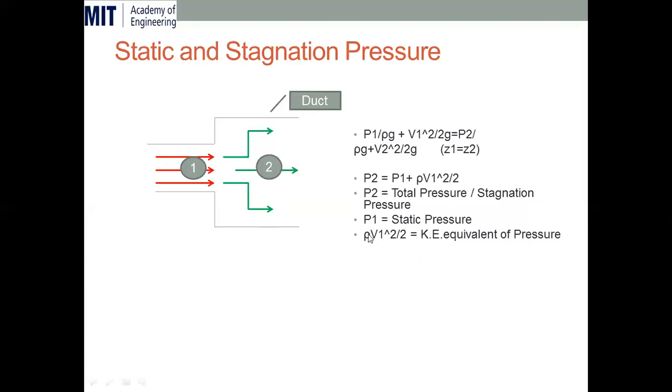Okay. And this P1 is called the static pressure. And the remaining quantity, rho V1 square by 2, is called the kinetic equivalent of pressure. As I already said, the velocity decreases due to the sudden increase in area.